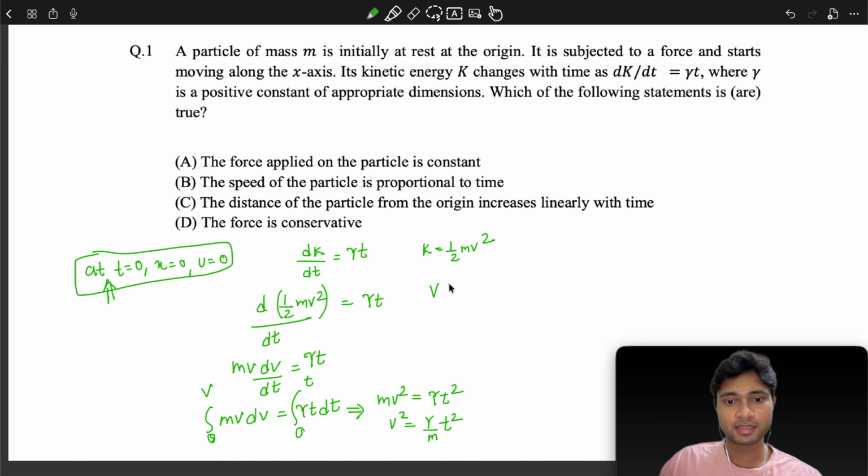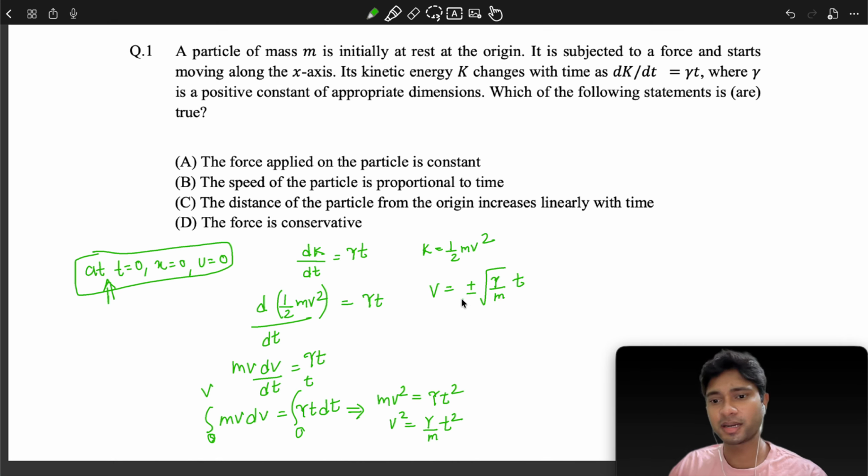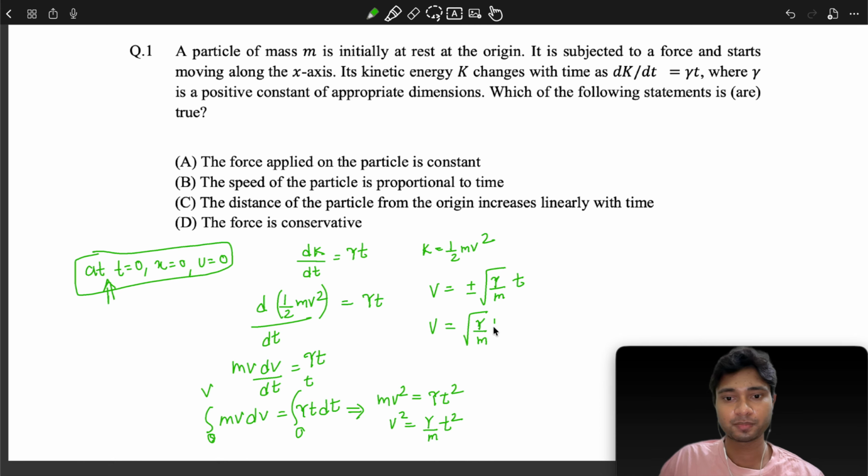So velocity is plus or minus root of gamma by m times t. Here plus minus just indicates the direction, because the magnitude is always increasing. So we can assume the plus one and solve further. So velocity is root of gamma by m times t.